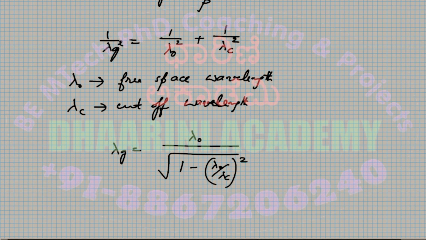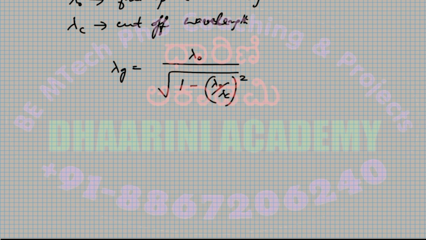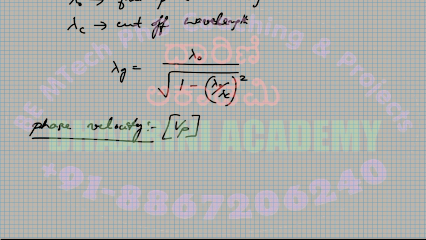All right, then we have another important term called the phase velocity, denoted by Vp. We just now have seen that the wave propagates in the waveguide with guided wavelength lambda g, and the free space wavelength becomes lambda naught.